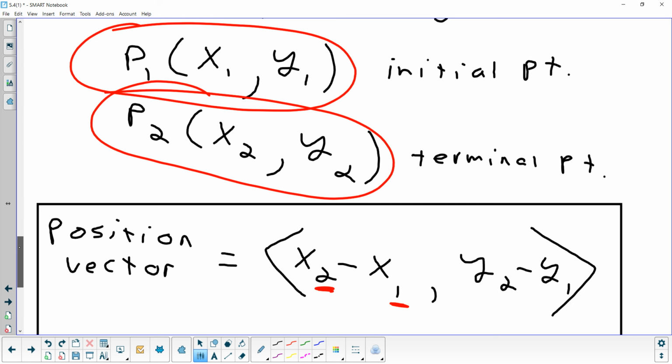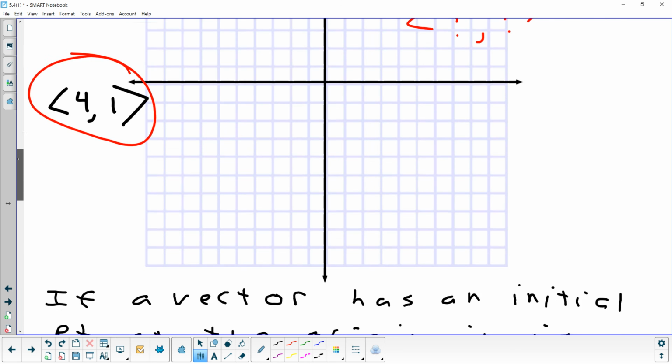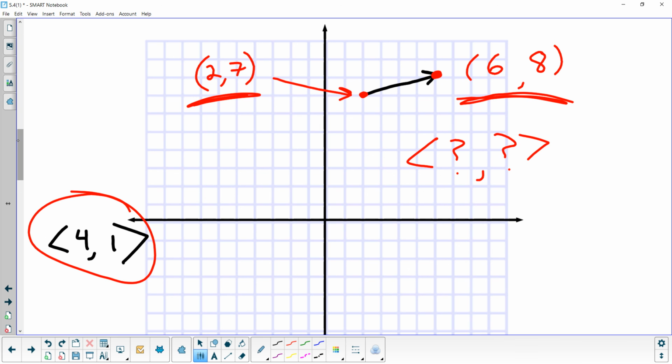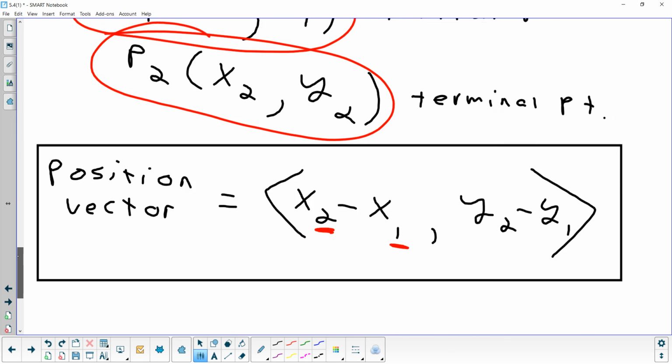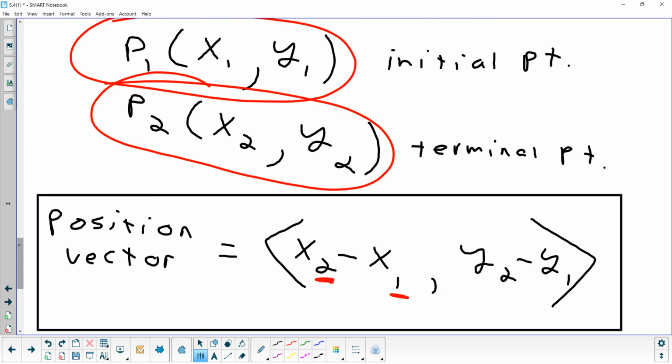We'll finish up with an example where I just give you 2 coordinates, just like the 2 we had right here. And we're going to turn those into a position vector. Everybody have the formula?